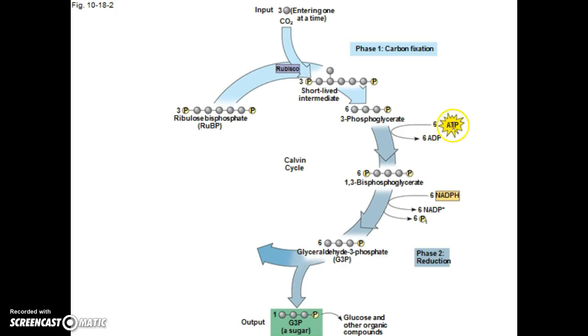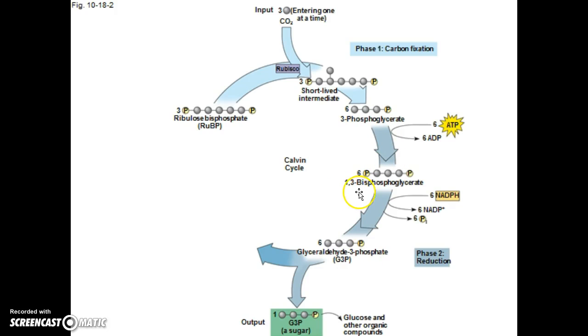So this energy was generated during the light reactions, and it has traveled into the stroma to drive the Calvin cycle here. So anyhow, we have these 3-carbon sugars, and they're being phosphorylated. We see 1 phosphate on this end, but down here there are 2. So we have phosphorylated these 6 3-carbon sugars.